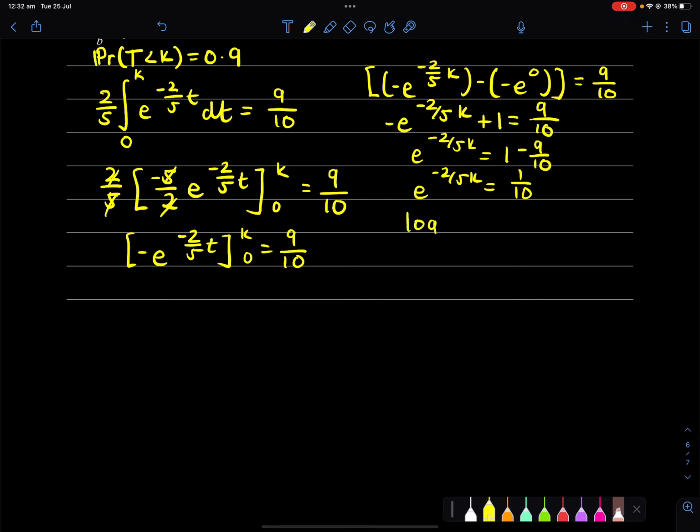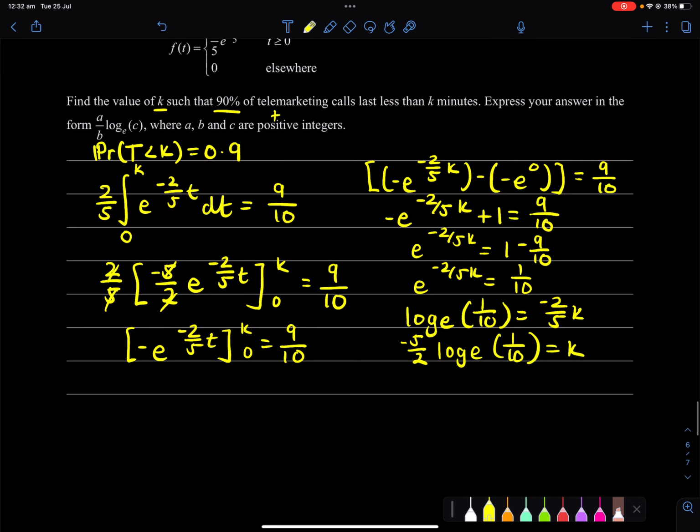That'll be log e of 1 over 10 equals negative 2 over 5 k, and that'll be negative 5 over 2 log e of 1 over 10 equals k. Is that right? Did we get it in the form where a and b are positive integers?